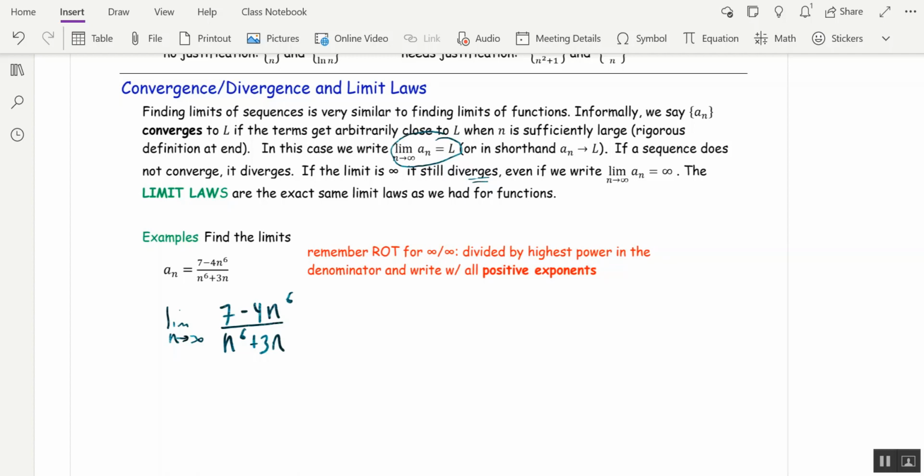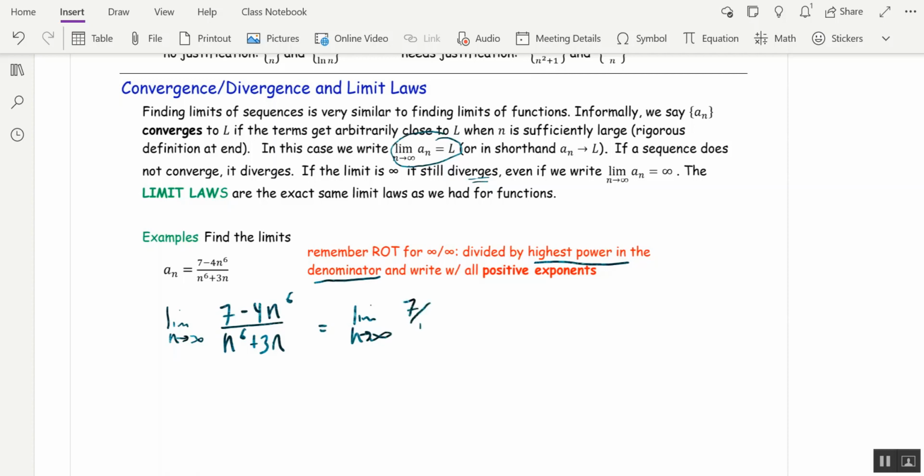And if you remember from Calc 1, the work required is to divide top and bottom by the highest power in the denominator. So I'm going to divide the numerator and the denominator of this fraction by n to the 6th. This is the limit as n goes to infinity. I'm not taking the limit yet, so I have to keep writing the limit sign.